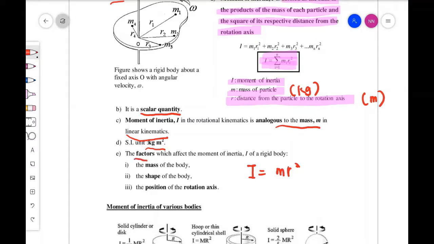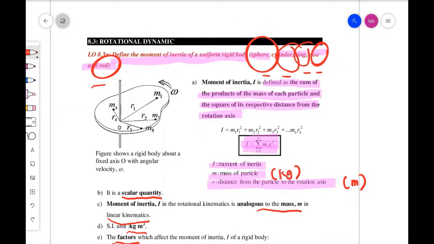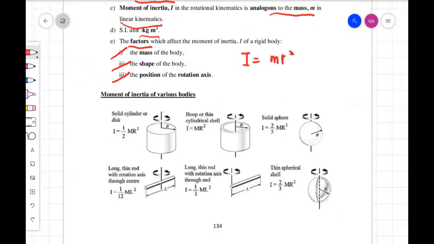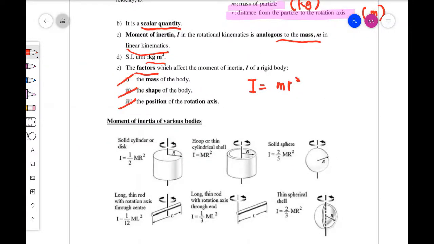So factors that affect the moment of inertia are the mass, the distance, position of the rotation axis r, and the shape of the body. Each shape has a different formula of moment of inertia. When m increases, I will increase. When r increases, I will increase as well.